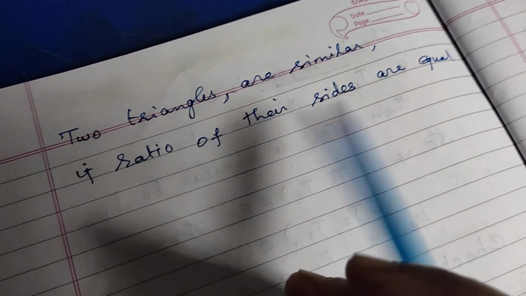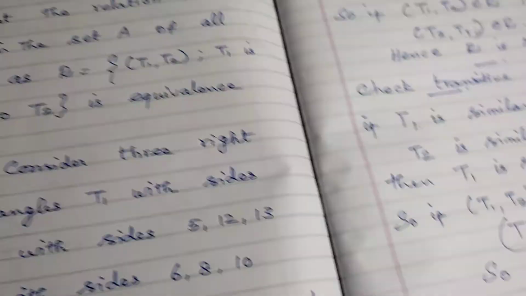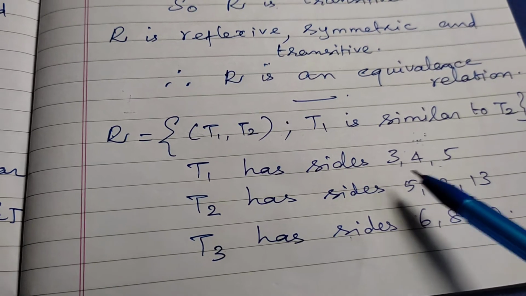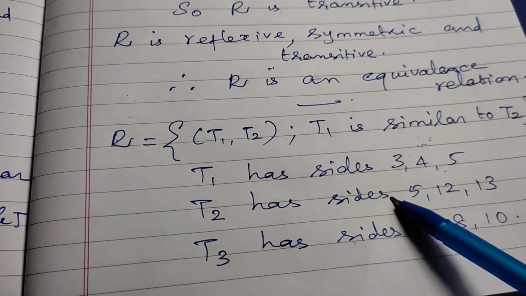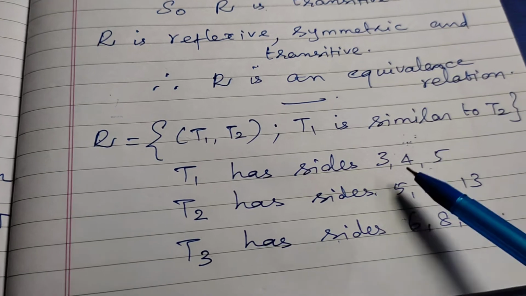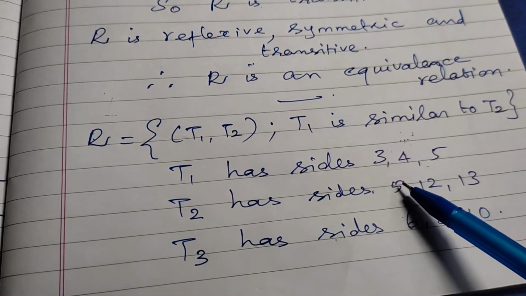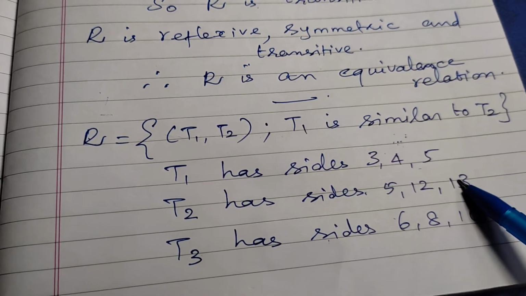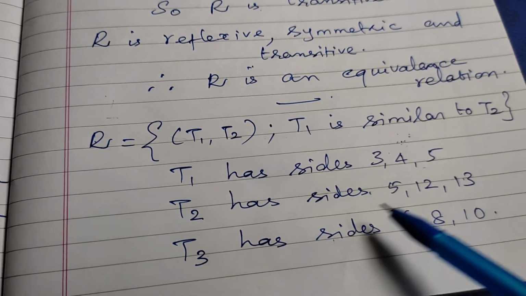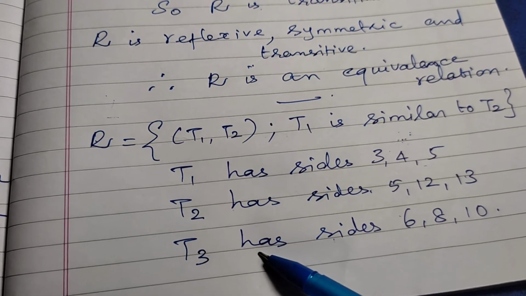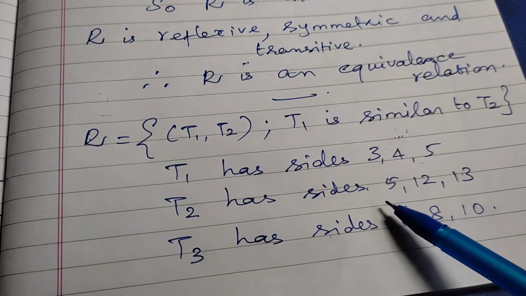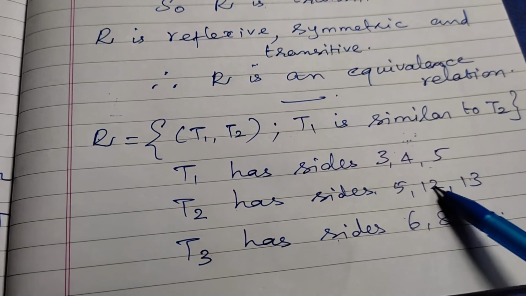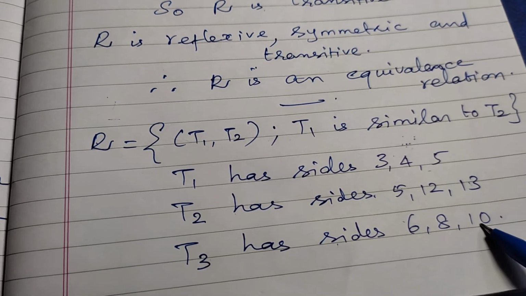Here we are taking three triangles T1, T2, T3 and their sides. If we take T1 and T2, then the ratio of their sides are not equal: 3 by 5, 4 by 12, 5 by 13. They are not equal. If we take T2 and T3, the ratio of their sides are also not equal, because 5 by 6 is not equal to 12 by 8, which is not equal to 13 by 10.